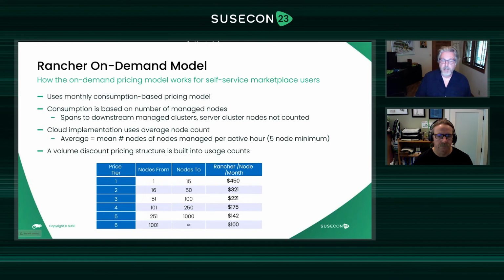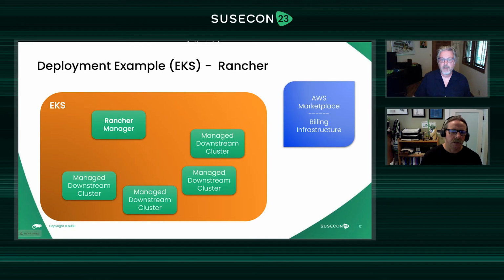Robert, did you want to talk to that or go into the diagrams? We'll show how that works in the diagram. And so you can see, again, EKS is an example here, right? And you have Rancher Manager Server. And I want to reiterate, Rancher Manager Server runs in its own cluster, right? It has its own control plane.